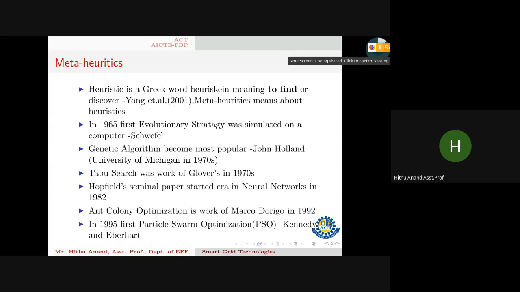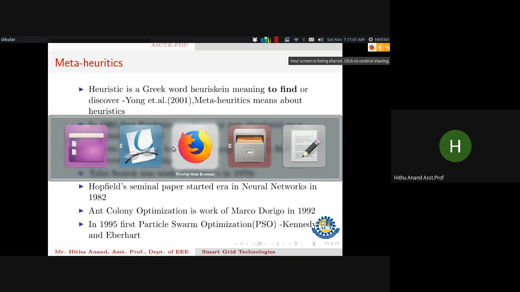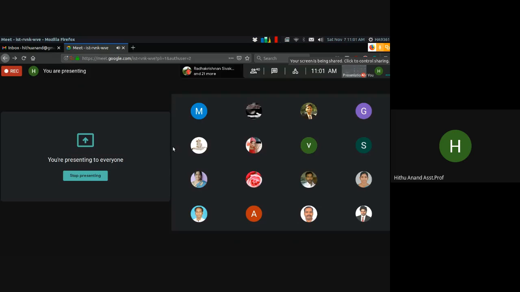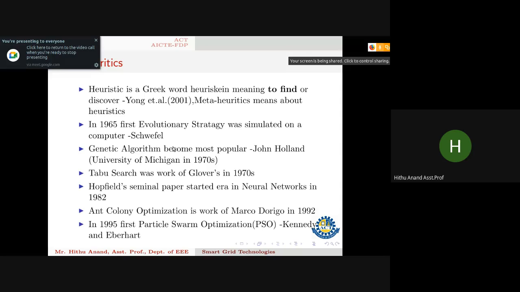These algorithms are basically called metaheuristics. Heuristics is a word derived from Greek, and its meaning is to find. It is always an inspiring word for researchers like me.